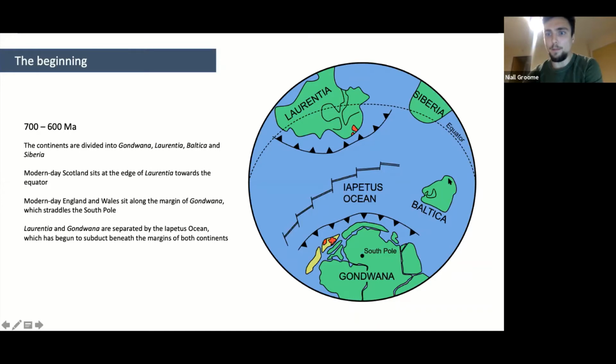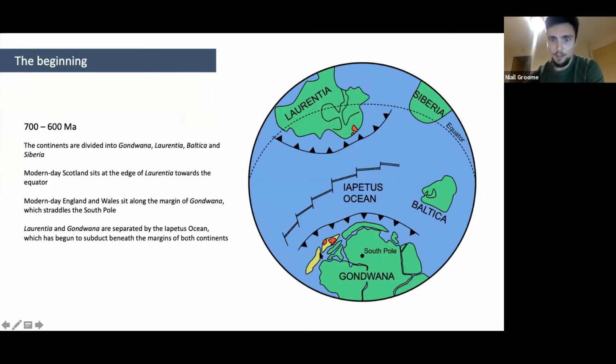Then on the outskirts, we have Baltica, which makes up parts of Northern Europe, and Siberia as well, which we will mention a little bit, but they're not going to be too important. The main focus will be on Laurentia and Gondwana and what's happening on the margin of Gondwana here.